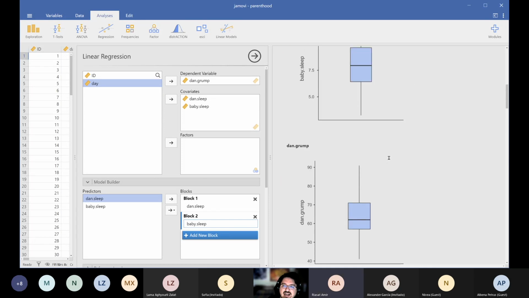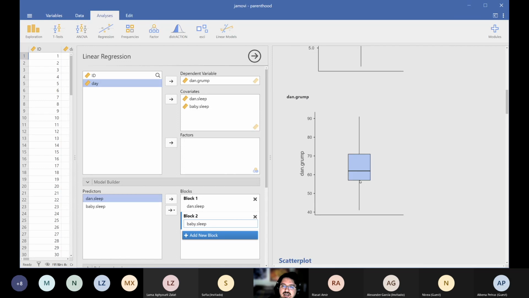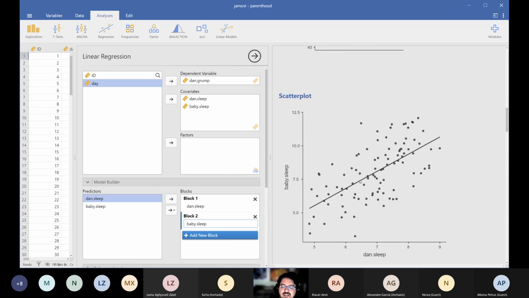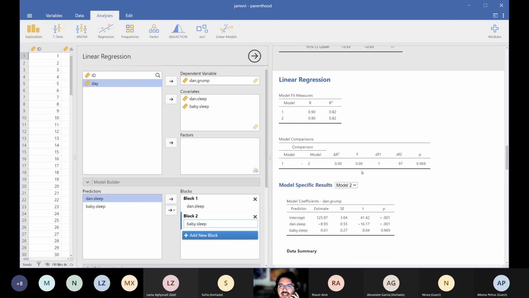Thank you. So that F is the result of an analysis of variance that Jamovi does on the results, on the regression line in relation to the variance of the data.